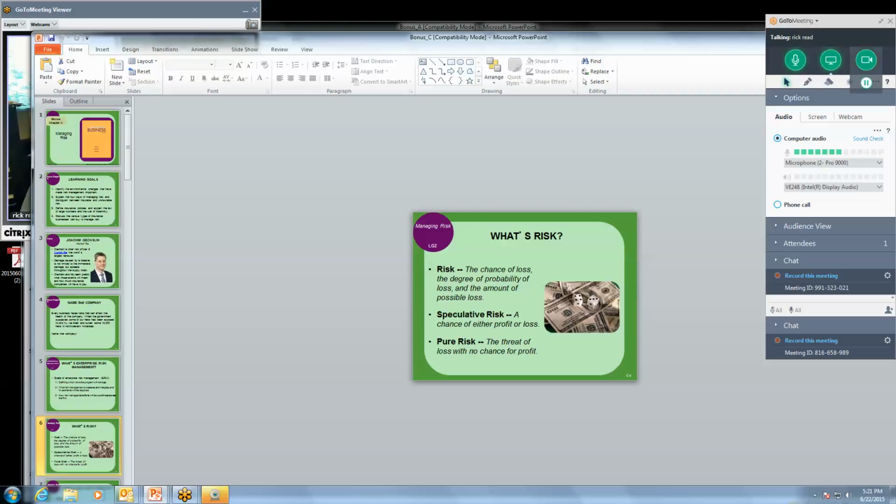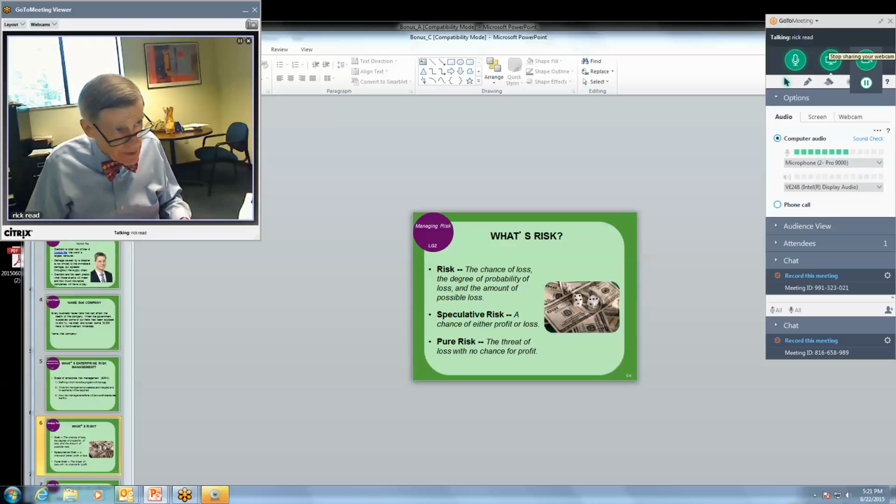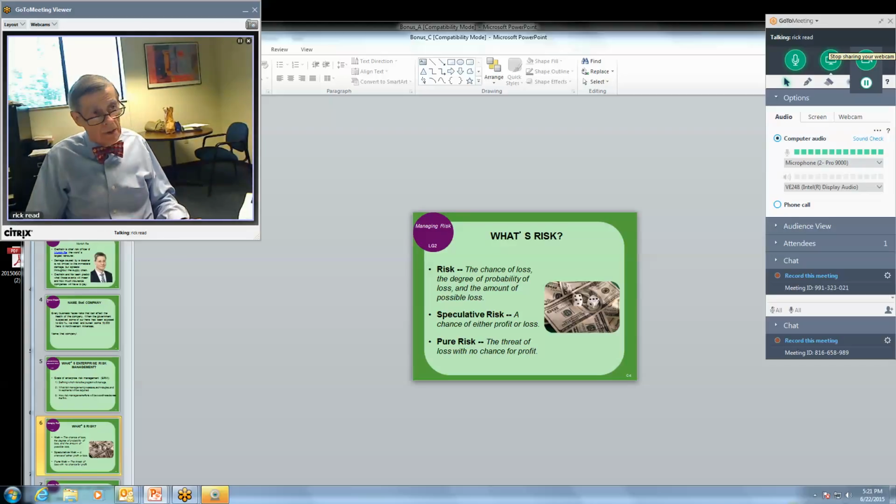if you will. Now, there are 3 kinds, well, they're not 3 kinds of risk. We're going to talk about what risk is, and then the 2 types of risk. Risk is the chance that a firm will lose profit. And that also talks about the amount of loss.